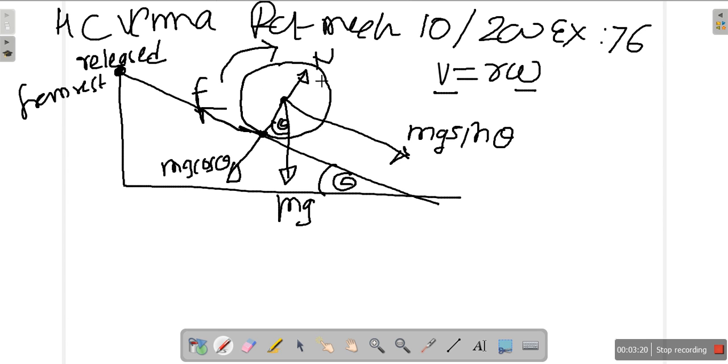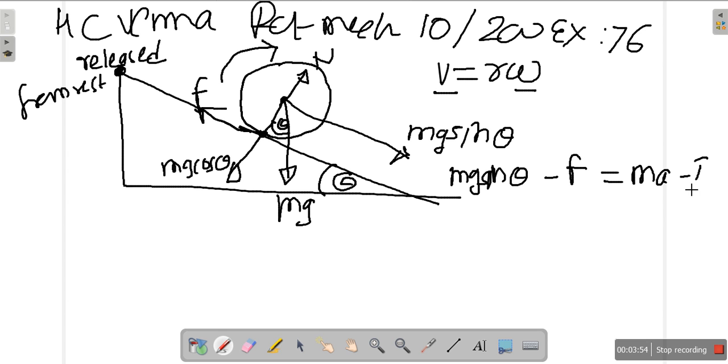Now let us see the situation. We are going to find velocity as well as omega, and then we are going to use the relationship v is equal to r omega. Let us use Newton's equations of motion, and before that we will use D'Alembert's principle. What is the net force in the downward direction? mg sin theta minus F. So according to D'Alembert's principle, mg sin theta minus F gives you ma.